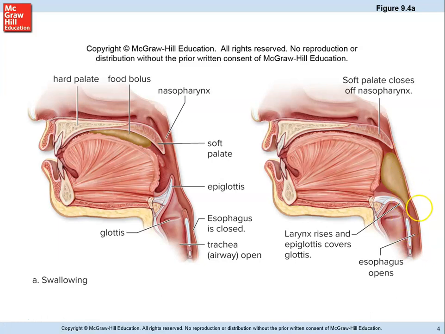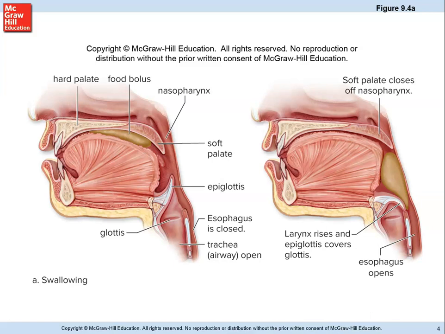Sometimes that food passes past the tracheal opening like it's supposed to, but it might get stuck right here. One of the foods that's famous for that is mashed potatoes. If you didn't get enough butter in the mashed potatoes, they're kind of sticky and they might hang up a little bit, or some other foods. So what could happen is the epiglottis could open back up for the next breath to occur, and then it might actually suck that food back up and down into the trachea, and then you have a problem.